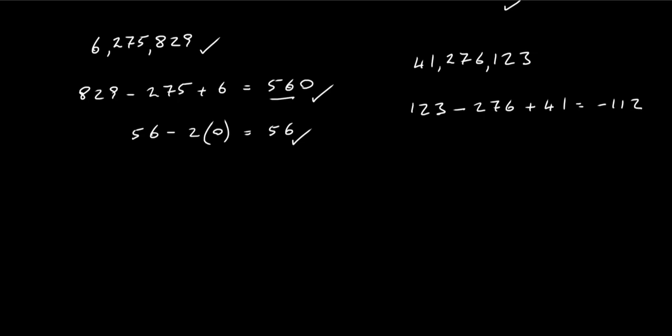We're going to ignore the minus here. It's a 3-digit number. We're going to take the 11 and subtract twice the last digit, which is 2. So it's 11 minus 4, which is 7. 7 is divisible by 7, so this is divisible by 7. As I say, not a particularly easy one to do, but that's it for 7.